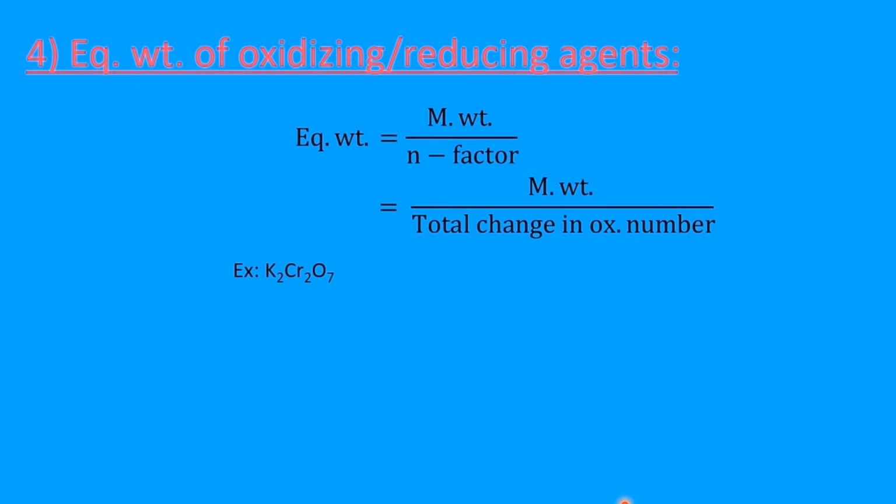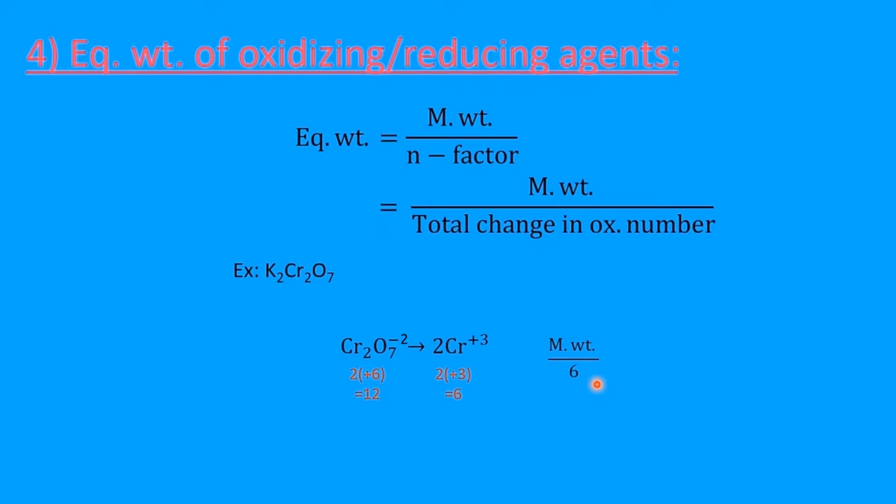Next example, potassium dichromate. Here, what is the oxidation number? Plus 6, into how many chromium atoms? 2 chromiums, 2 into 6, plus 12. In the case of chromium it changes to plus 3, so 2 chromium, plus 6. What is the change now? 6. So what is the N factor here? 6. If you want to get the normality, normality is equal to molarity into N factor. That I explained in the normality video.